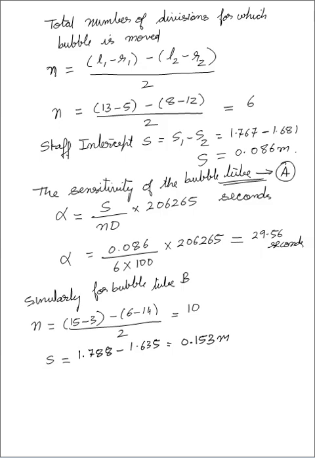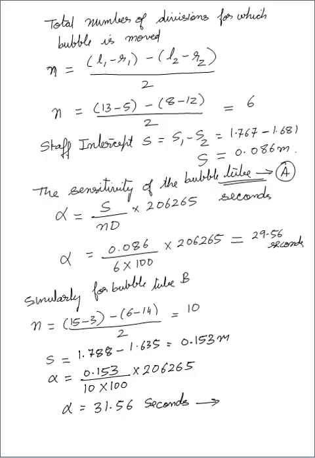Alpha is equal to S upon N D. I am not writing the whole formula. Directly I am writing 0.153 divided by 10, where N is 10, D is 100 meter, into 206265 seconds. So alpha is equal to 31.56 seconds. So this is for tube B. Thank you very much.